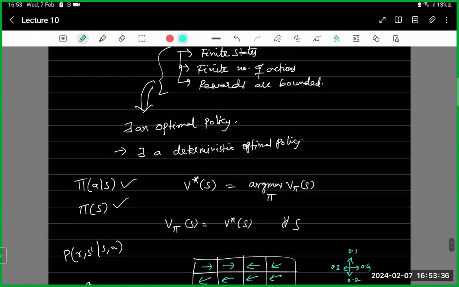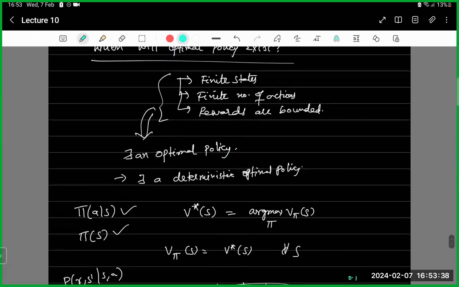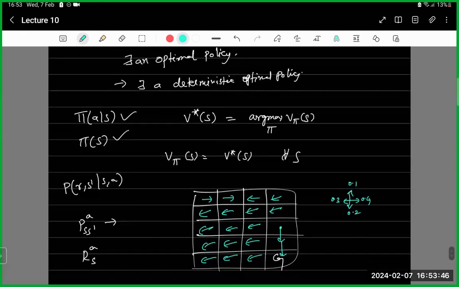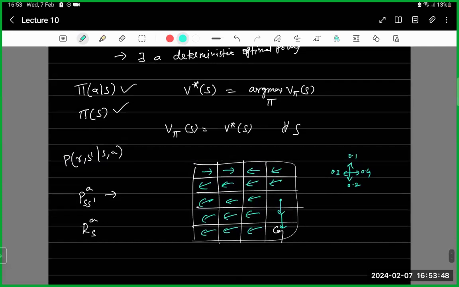Now this result is telling you that you need not search over all possible policies. You just search over deterministic policies. It is clear from this, right? Whether it is a policy or whether it is a deterministic policy, within the deterministic policies there is an optimal policy, right? Because you don't need a stochastic policy to get the best return here.